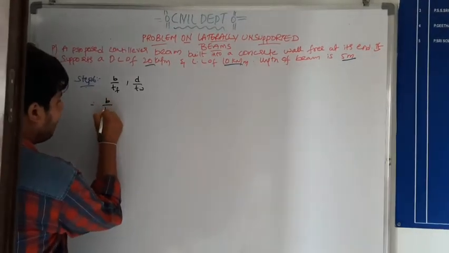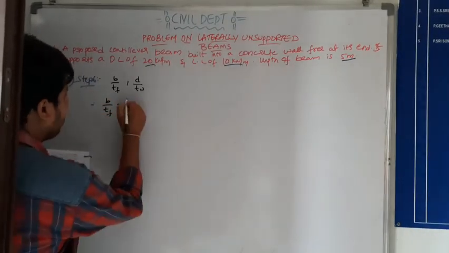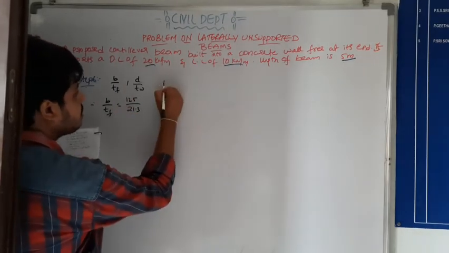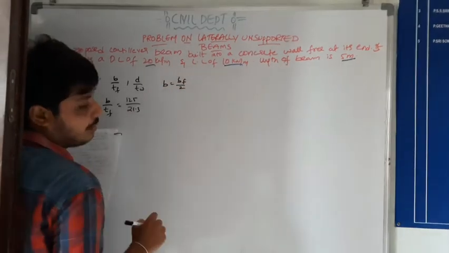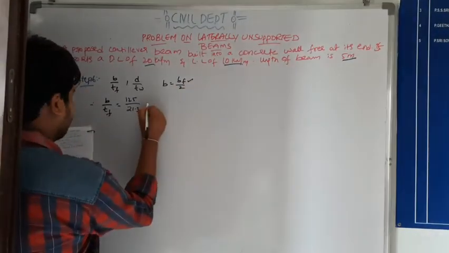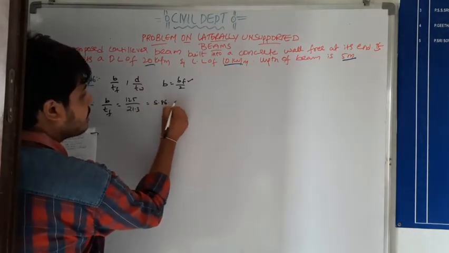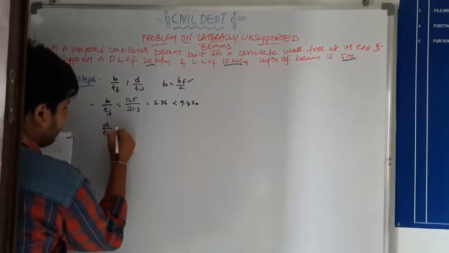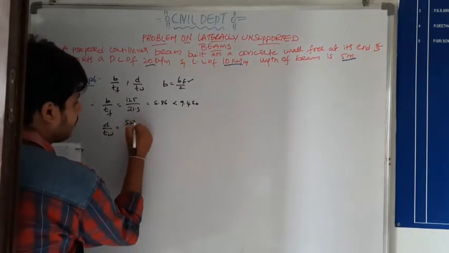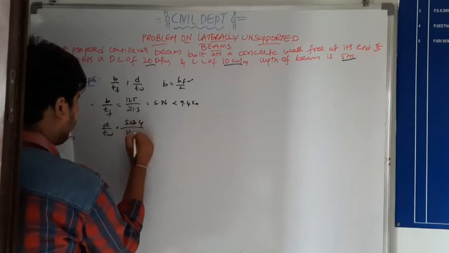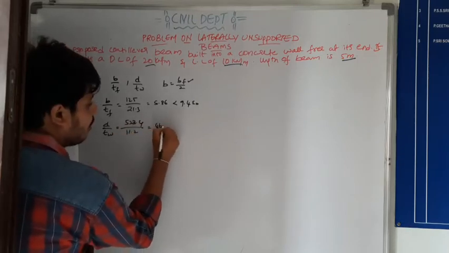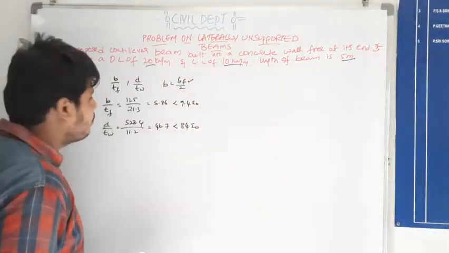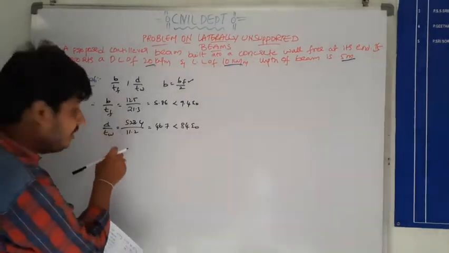Therefore B by TF is equal to 125 by 21.3. Why? Because B is equal to BF by 2, and we already know the value of BF by 2. So that is 5.86, less than 9.4 epsilon naught. Next, D by TW: we already know from the section properties, 523.4 by 11.2, which is 46.57, less than 84 epsilon naught. So these are the values for the section classification, B by TF and D by TW.